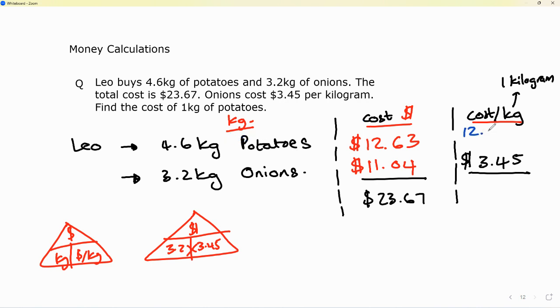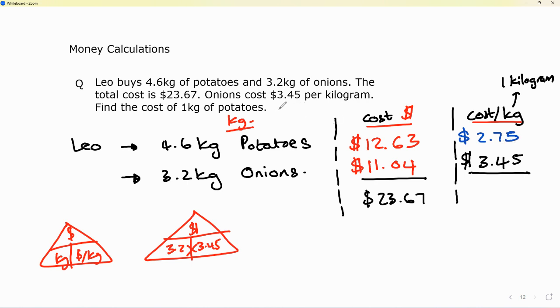I've got to take 12.63 divided by the kilograms, 4.6. I'm going to take 12.63 divided by 4.6 on the calculator, and that comes to, rounded to 2 decimal places, $2.75 per kilogram.